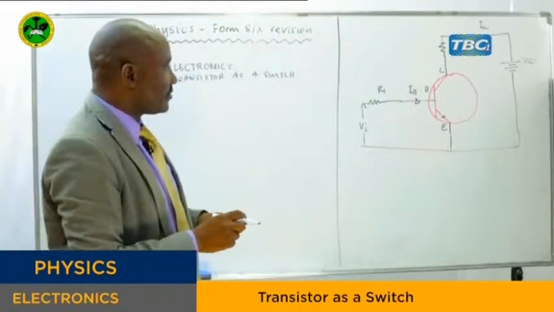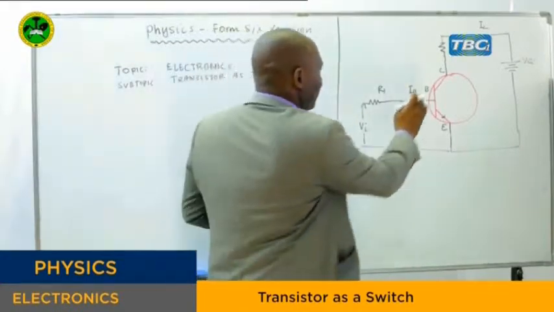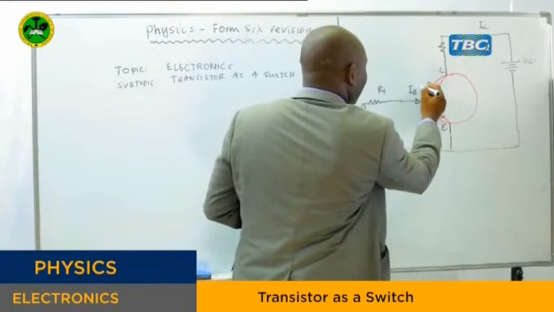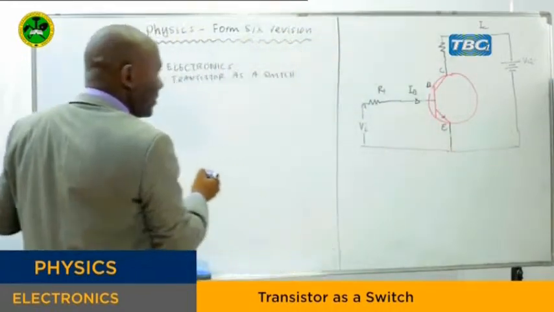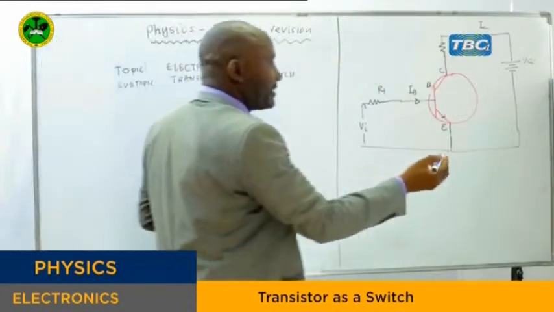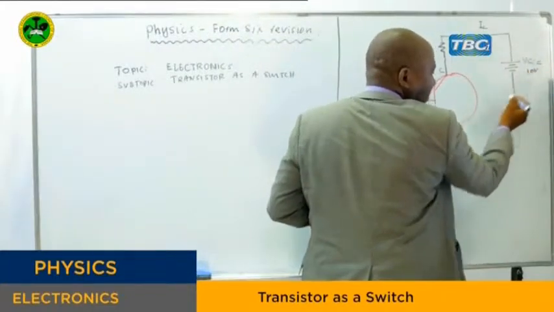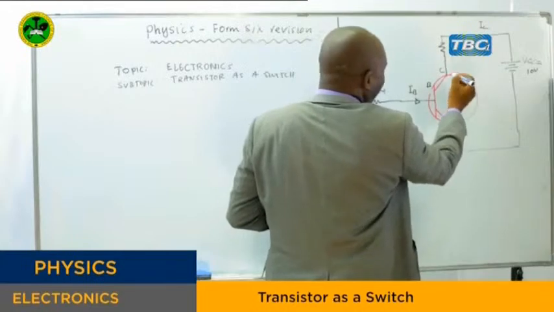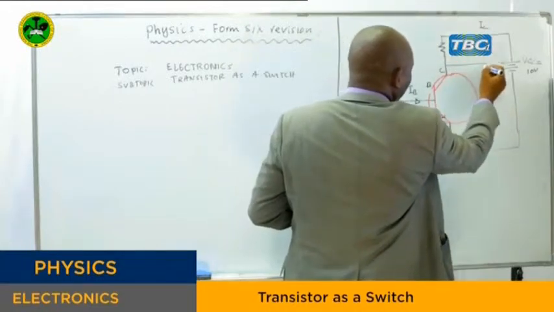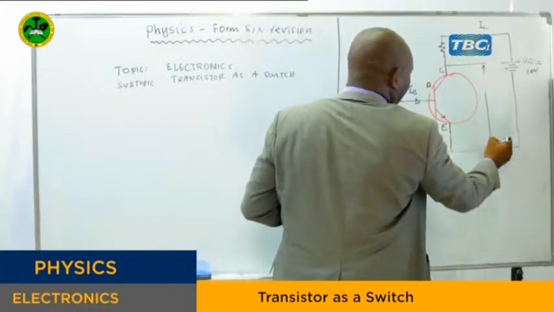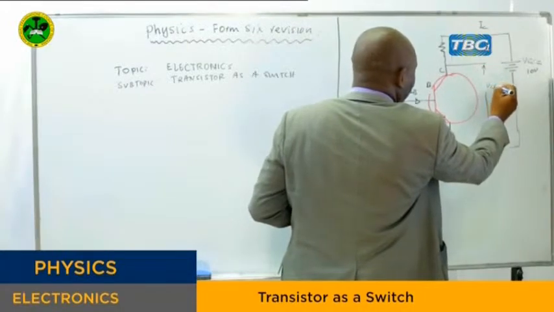You're supposed to have the complete values. The values are in the provided information. From the information, we know that VCC is equal to 10 volts, and the voltage across this, VCE, equals 5 volts.